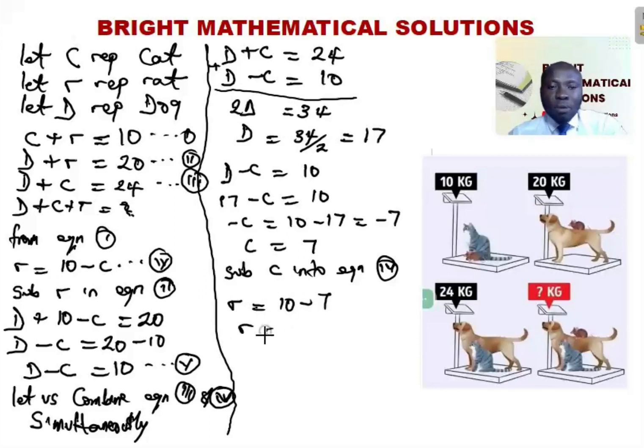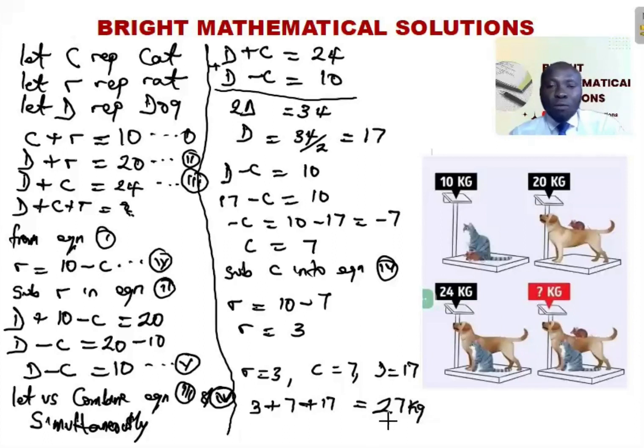So R equals 3. So finally R equals 3, C equals 7, and D equals 17. So to find the kilogram of the fourth diagram, that is 3 plus 7 plus 17, and that gives us 27. That is 27 kg.